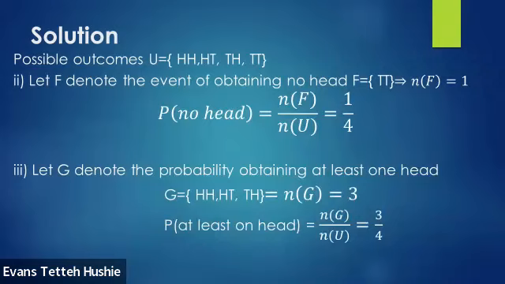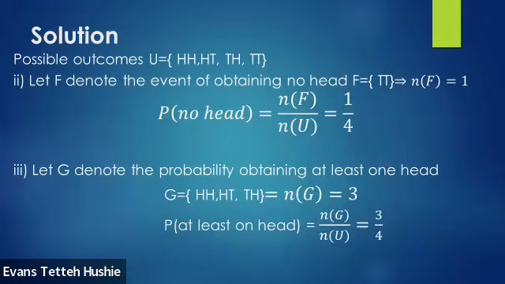Exclude the TT because we don't have a head there. So we have 3 all over the total possible outcomes, which is 4. And the first one, they are saying let F denote the event of obtaining no head. That is only 1, the TT, and that will be 1 over the total possible outcomes of 4.